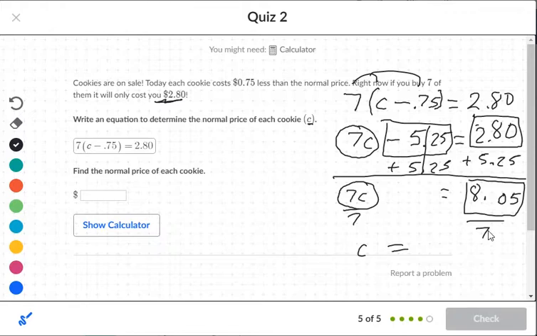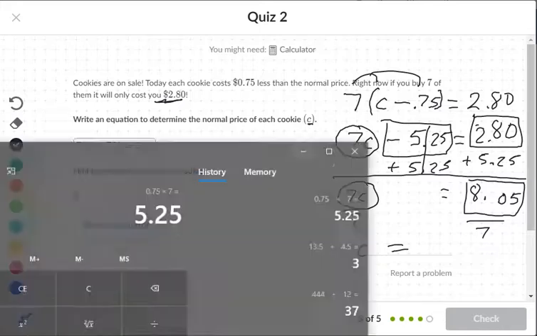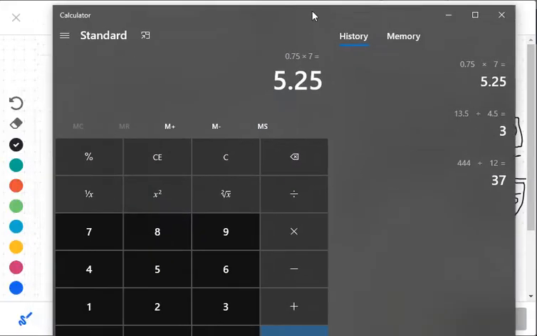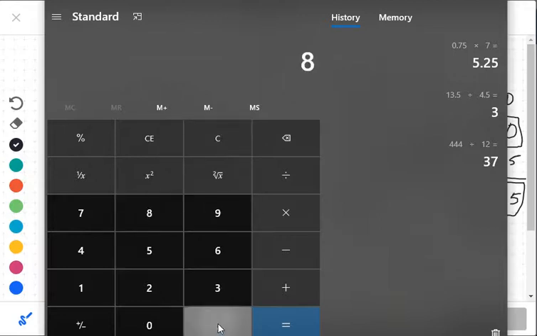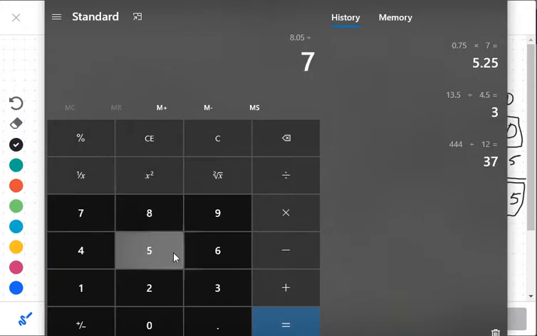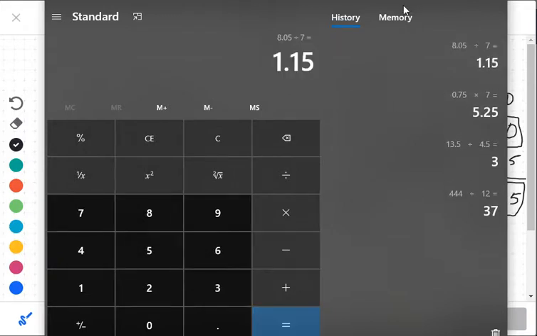So right here, let's take 805. So let me clear the calculator. Let's go 8.05 and let's divide it by 7. And you see it's $1.15.